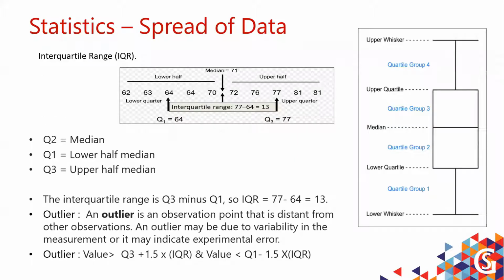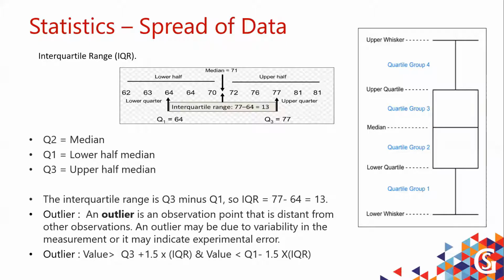So the spread of data for the statistics, which is very high level: we know mean is the average of the data set that we take. You don't have to sort it ascending or descending. You just have to take the average value of that particular set. That is mean. Median is where we always have to sort it and then take the middle value.